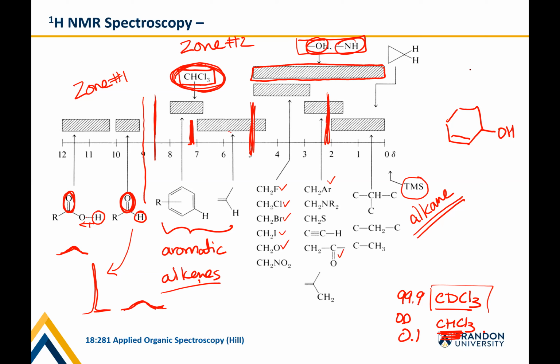Well, ignoring the fact that it could be a quasi-chair or whatever, but just what would be the theoretical maximum number of different protons that we should see?